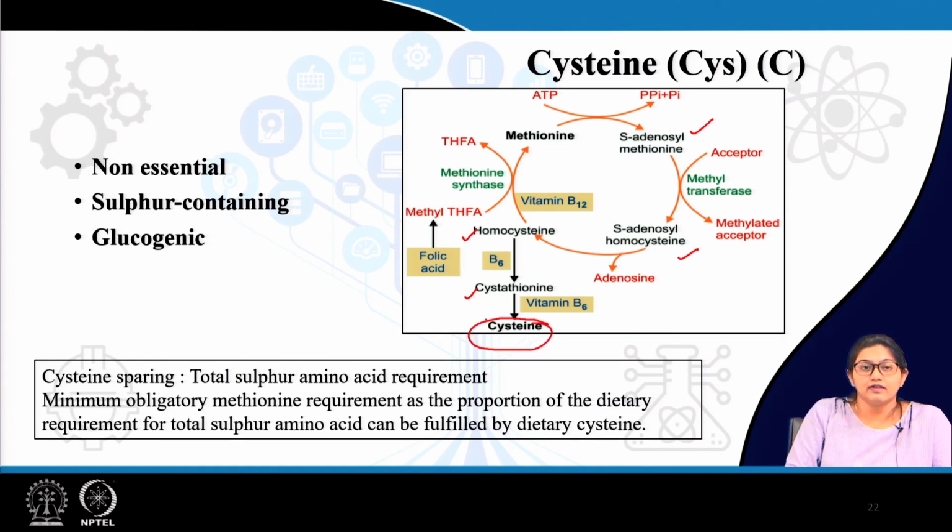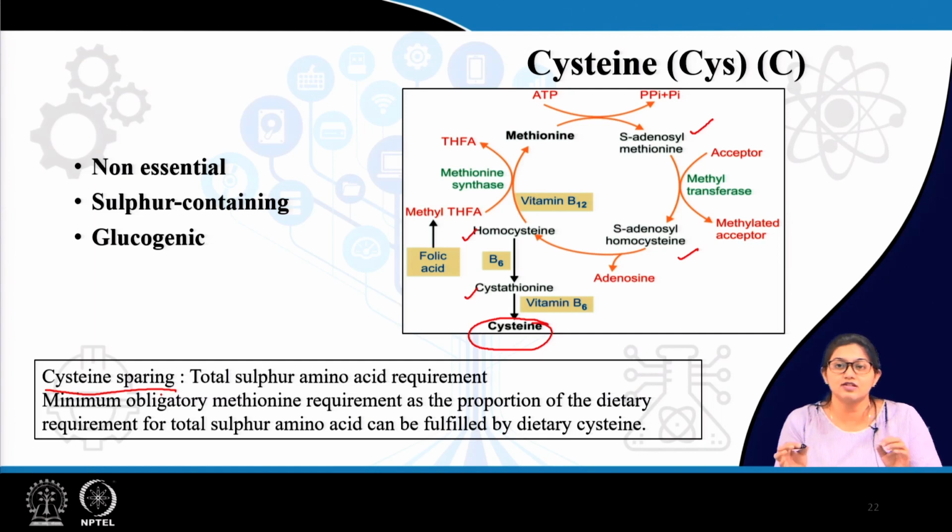Now, there is one effect called the cysteine sparing effect. Cysteine imparts a sparing action on methionine. Now, what is that? There is a requirement of total sulfur containing amino acid in our body, which consists of both cysteine requirement as well as methionine requirement.